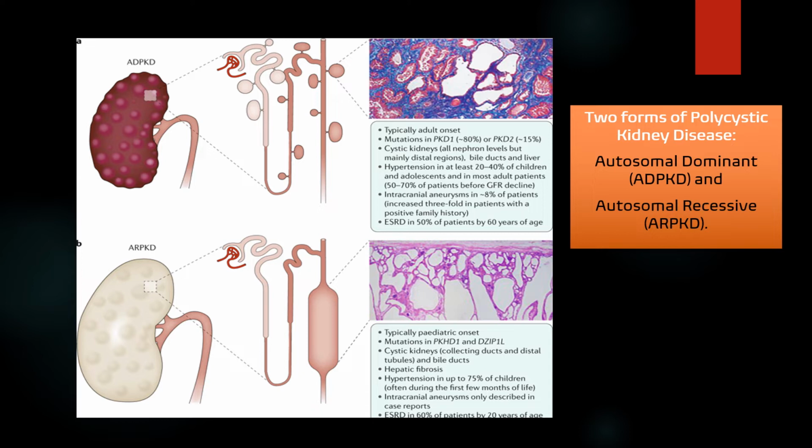There can be hypertension in around 75% of children or young people, often during the first few months of life where diagnosis has been made, and intracranial aneurysms have been documented in some case reports around ARPKD.